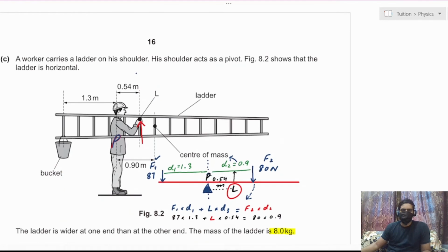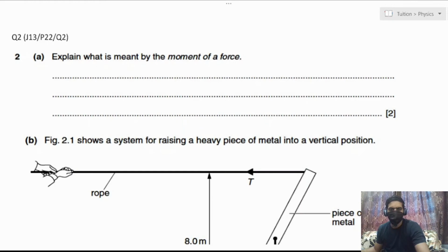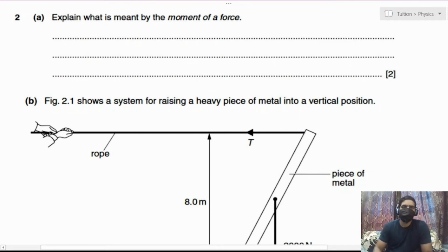Let's move on to the next one. All right, everyone, on to the next question. Question number 2. Explain what is meant by a moment of force. So primarily, whenever you get a question like this, especially moment of force, you better define it mathematically.